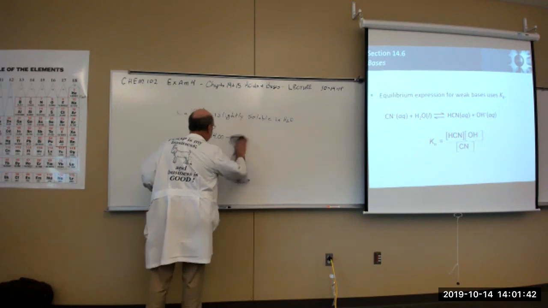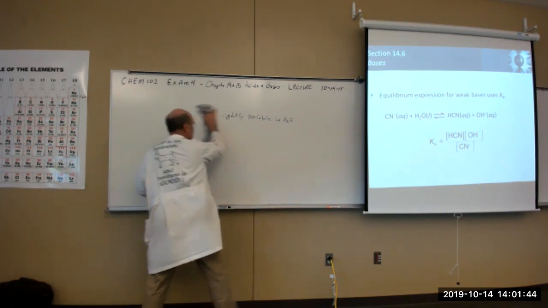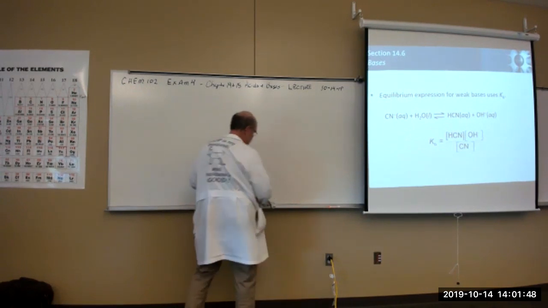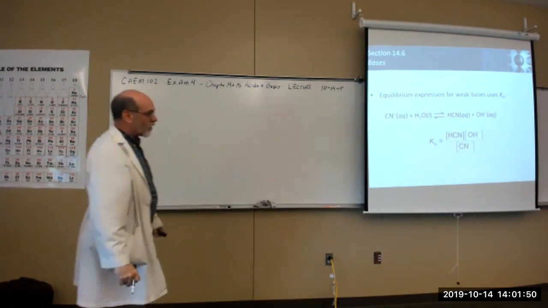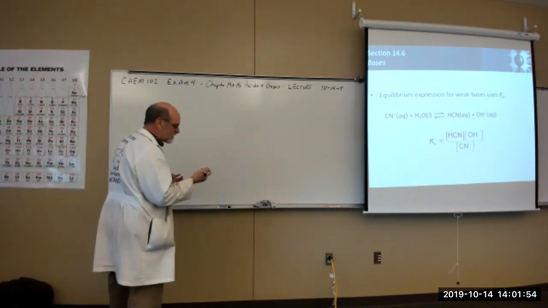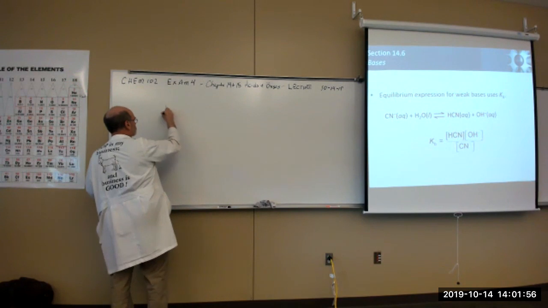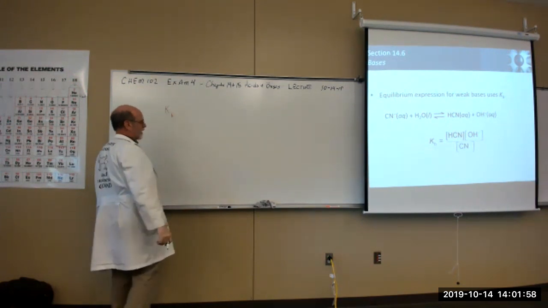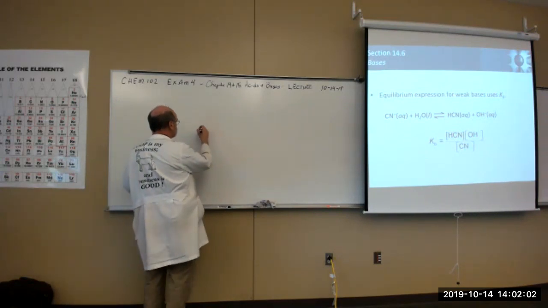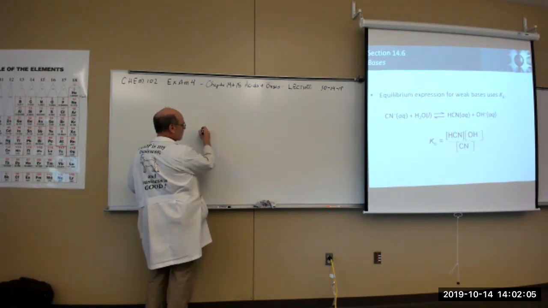Okay, now we've talked about, up to this point, weak acid equilibrium. We can also discuss bases, the K value for a base. Right? So in order to have a K value for a base, you need whatever the base happens to be.